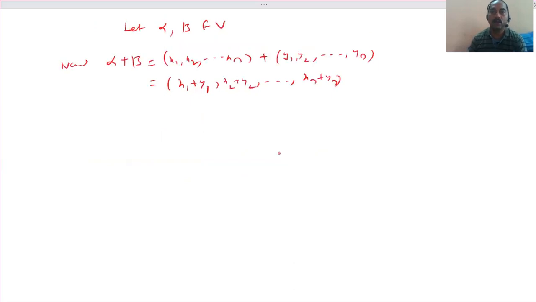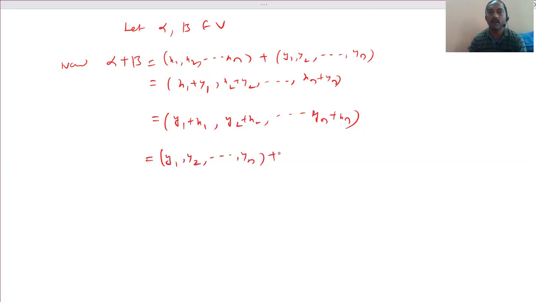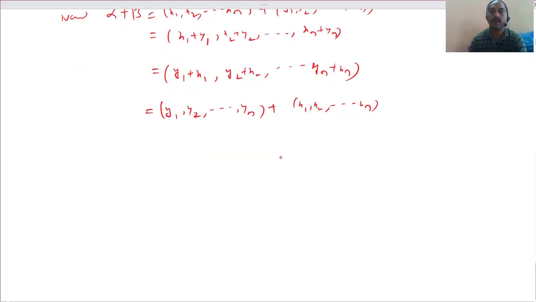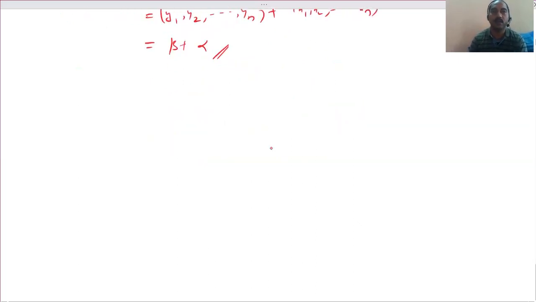Now, the elements in the components are elements of the field. Therefore, in the field we have the commutative property with respect to addition. So we interchange the order of the elements component wise because of the field property. This is written as y1, y2, and so on, yn, plus x1, x2, and so on, xn. The first one is nothing but vector beta, the second one is vector alpha. So it satisfies the commutative property. First part over.